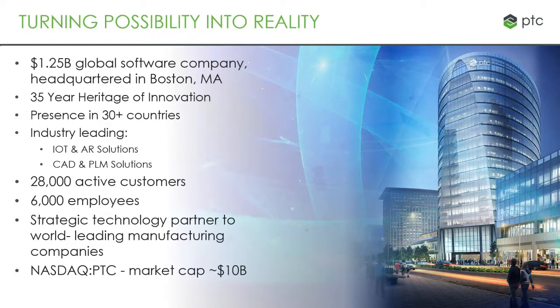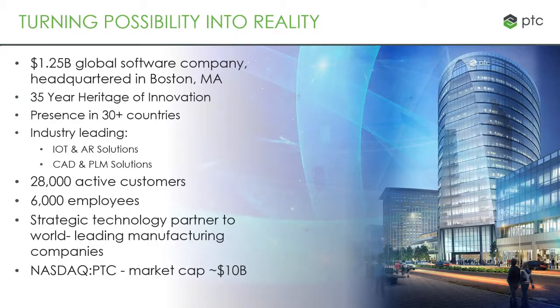In the last 35 years of heritage, PTC acquired multiple companies. We started with our flagship product, Creo. At that time it was not Creo, it was Pro Engineer. And in 2010, we rebranded our product from Pro Engineer Wildfire 5 to Creo.